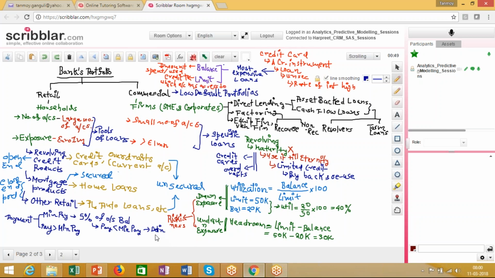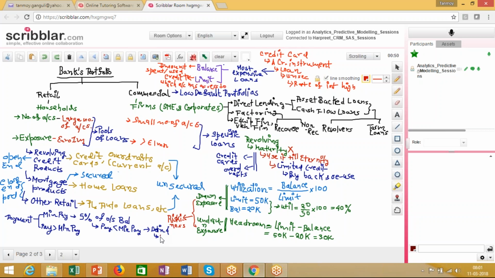Now, what is delinquency? Delinquency is nothing but the event of missing out payment on a given installment. For credit cards, it is like missing out the minimum payment for a given payment cycle. Generally for credit cards, we do not have installments. What we get is payment cycles.